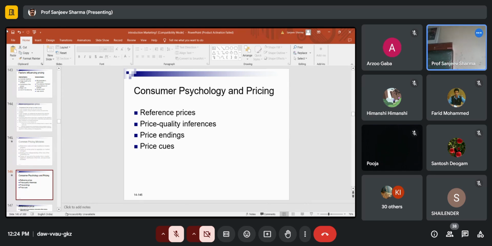Second is competitor parity pricing. That means you fix your price in line with the price of your competitor. You can decide 5% extra, 5% less, equal, whatever. The base of deciding the price is that of your competitor.